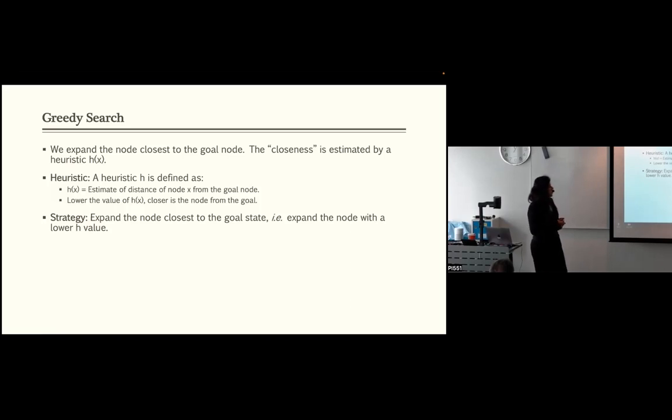So what would be the strategy for the greedy search algorithm? Expand the node closest to the goal node, that is, expand the node with a lower h value. In UCS, we find the minimum cost. Here, the minimum h value.